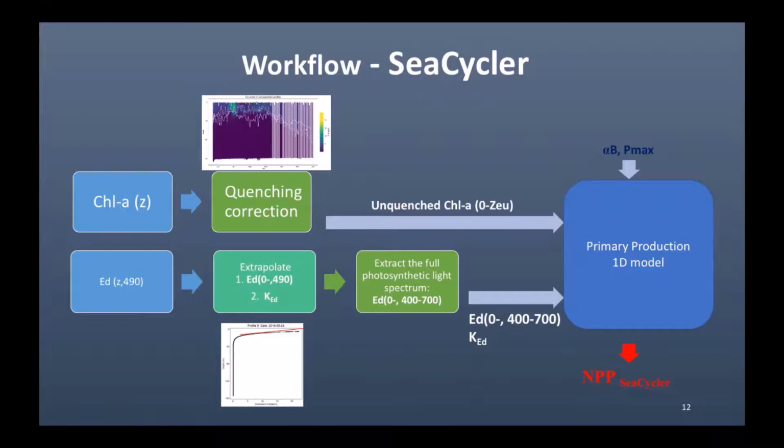Then we extract a full photosynthetic spectrum of the downward irradiance from 400 nanometers to 700 nanometers of wavelength. With this full spectrum and the diffuse coefficient, we create an irradiance light profile for calculating the net primary production of the CCycler.